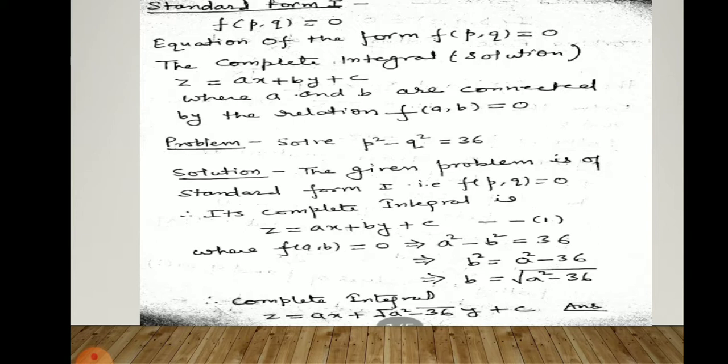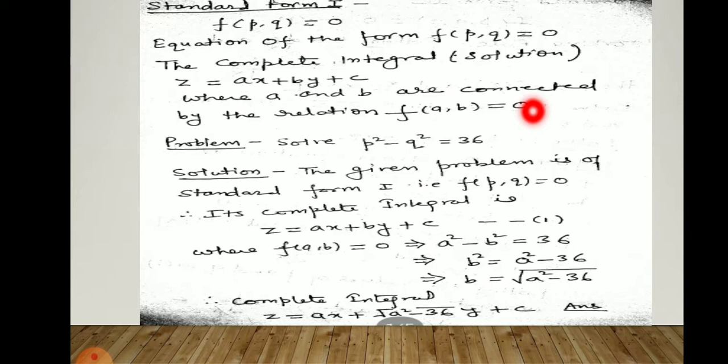In this form the complete solution of this equation is z is equal to ax plus by plus c, where a and b are connected by the relation f of a, b equal to 0.